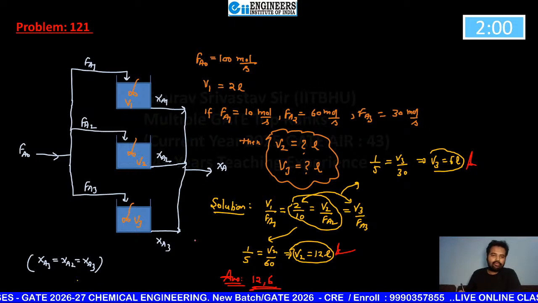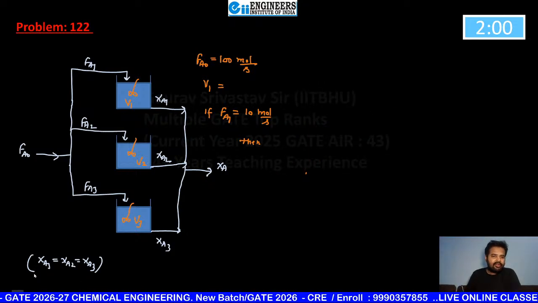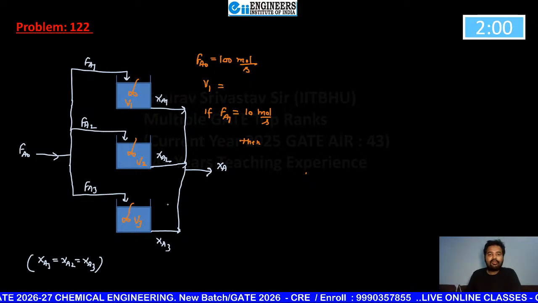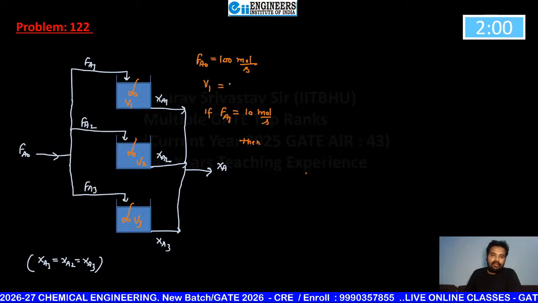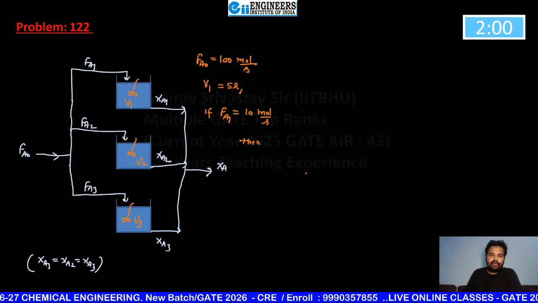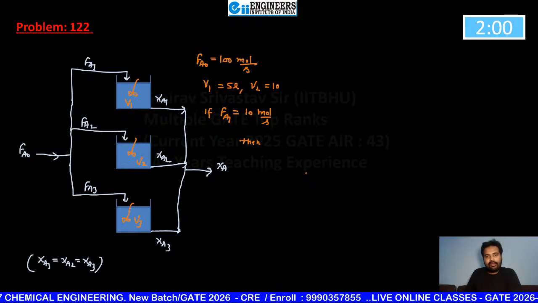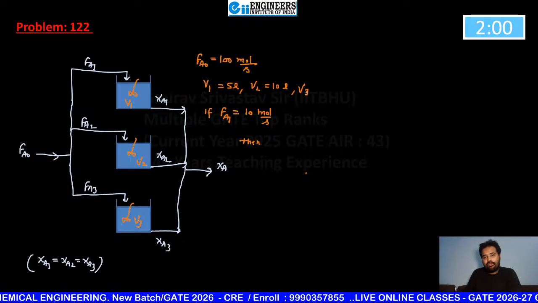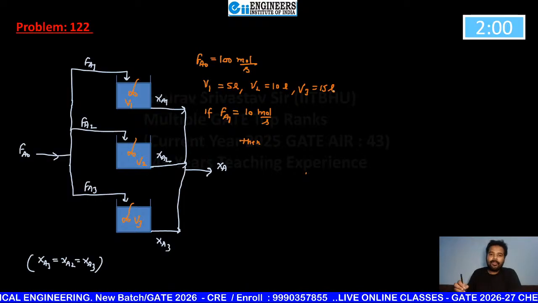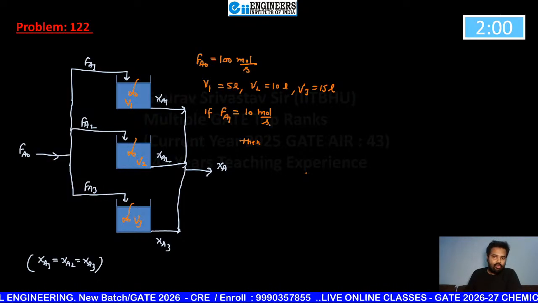Now I am changing the previous question a little bit. This time V1 is 5 liter, V2 is 10 liter, V3 is 15 liter. FA1 is 10 mole per second.